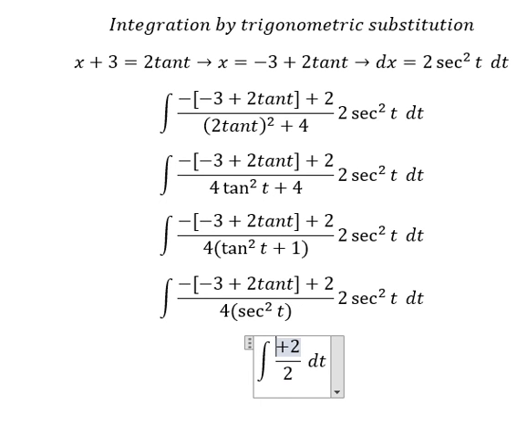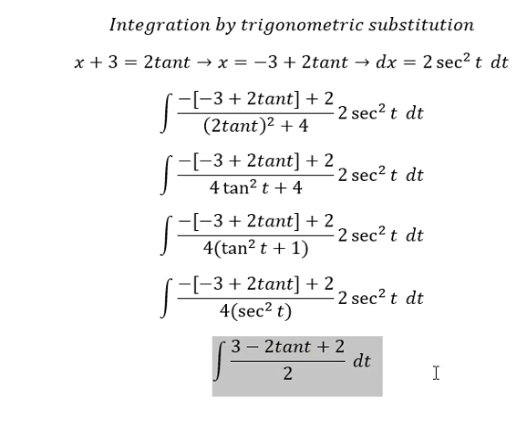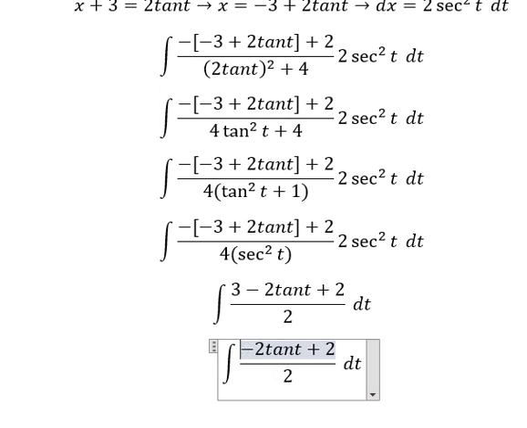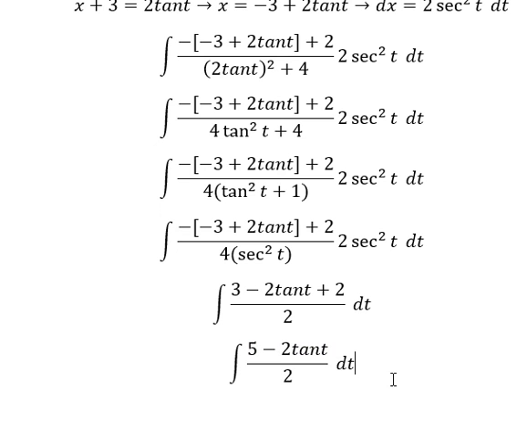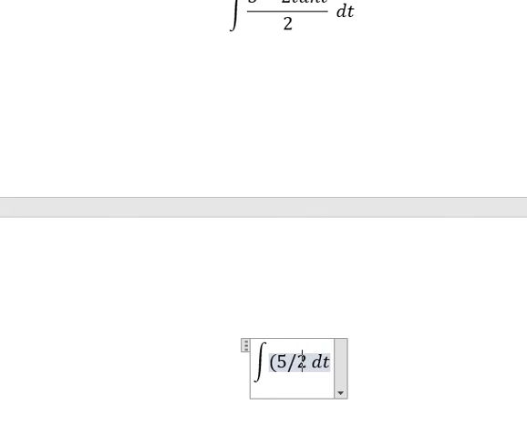And we have positive 3 minus 2 tan t. So 3 plus 2 we have 5. And now 5 divided by 2, 2 divided by 2. So we have like this.